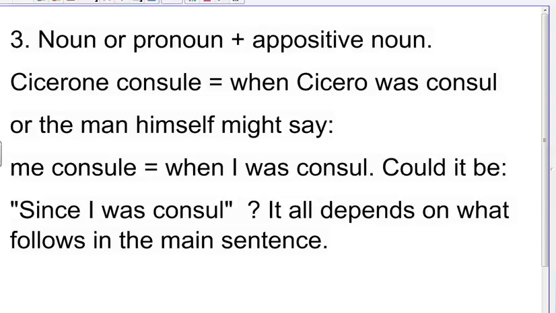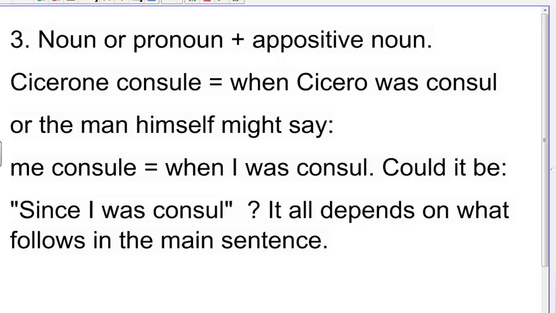Now we move on to the third example of ablative absolute, which is a noun or pronoun and an appositive noun. I've thrown a fancy term at you. An appositive noun is merely a noun that provides information about the other noun that it is linked with.